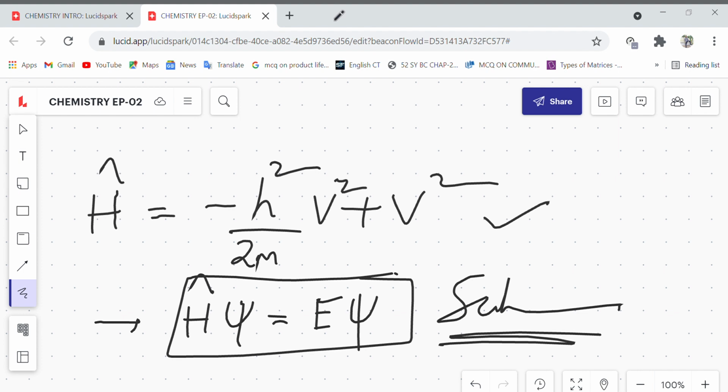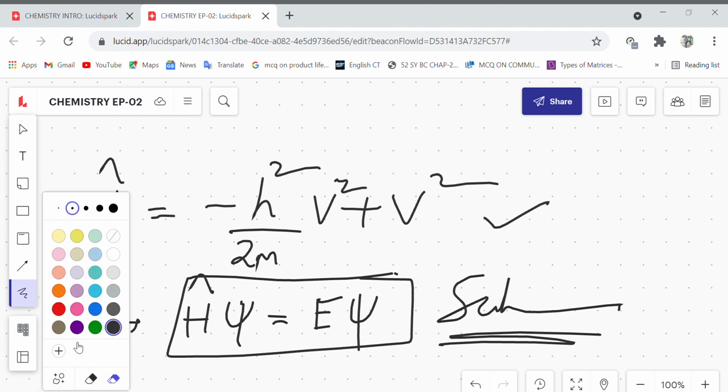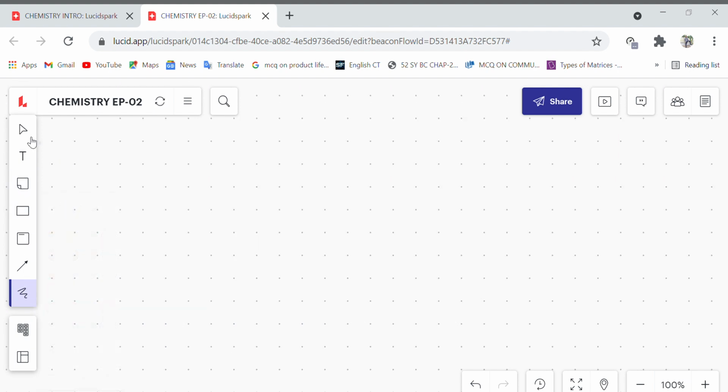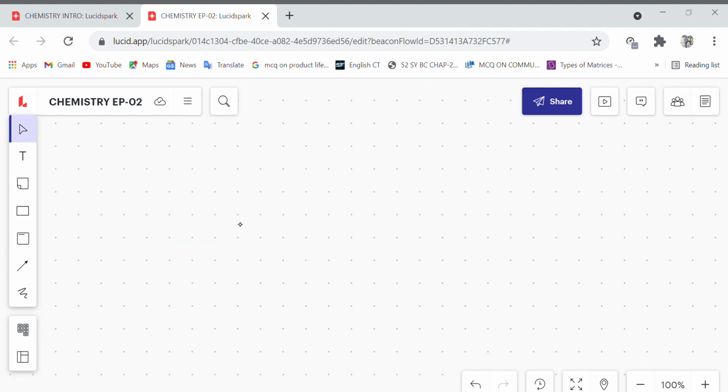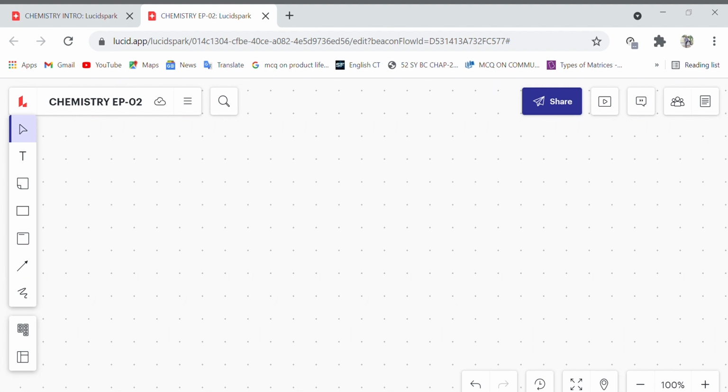Then we will talk about the solutions of Schrodinger wave equation in one-dimensional box. So let's start talking about that. We move to the top of the board.